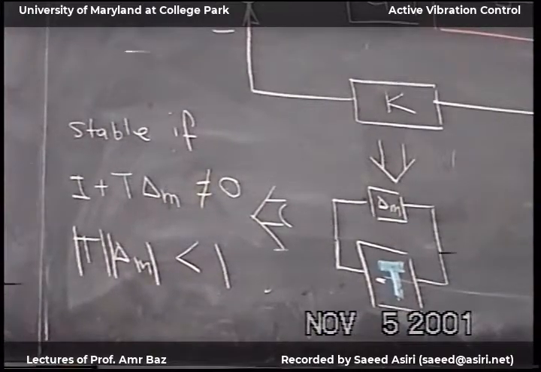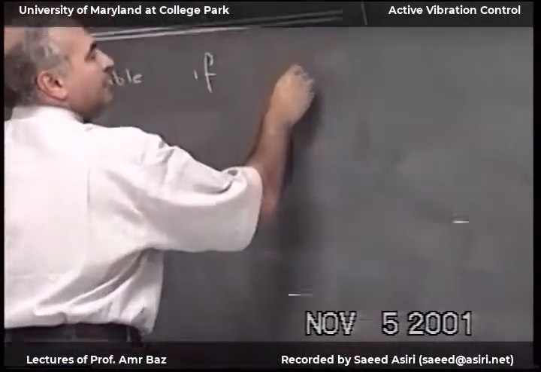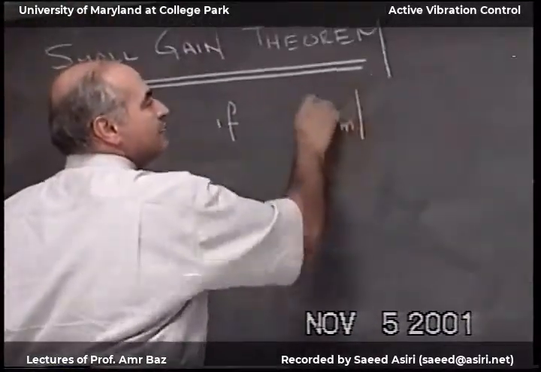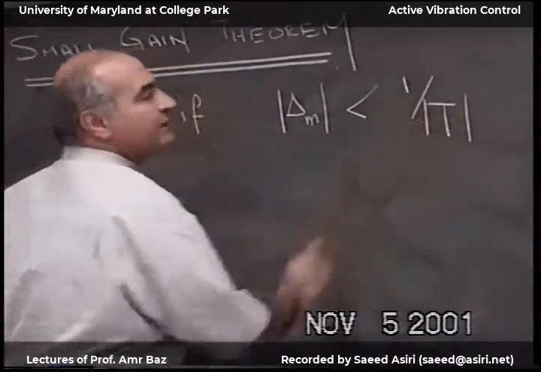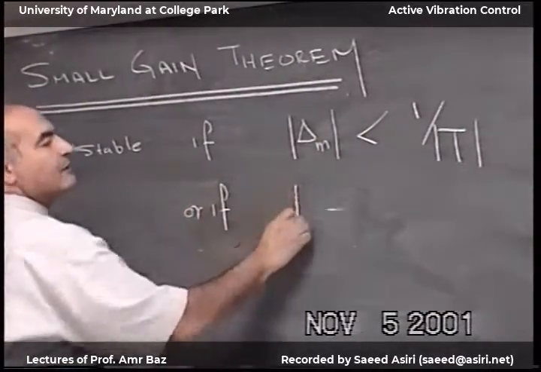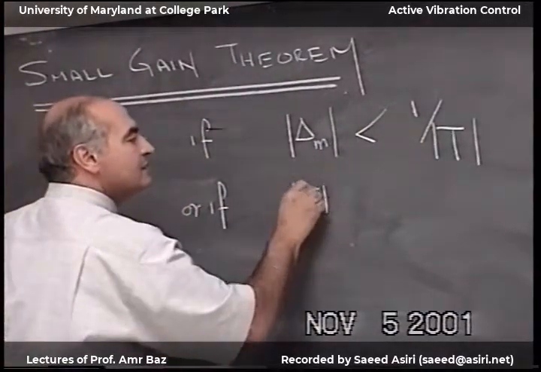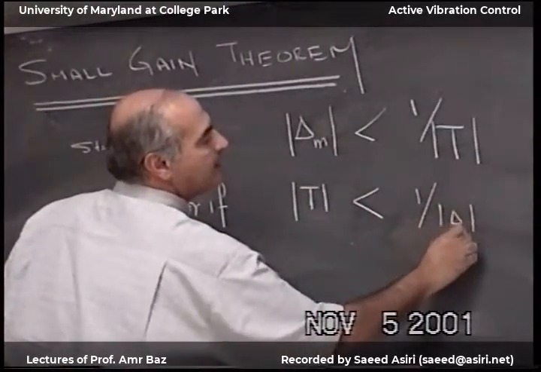Then the system is stable if del m is less than 1 over absolute value of T, or if absolute value of T is less than 1 over del m.